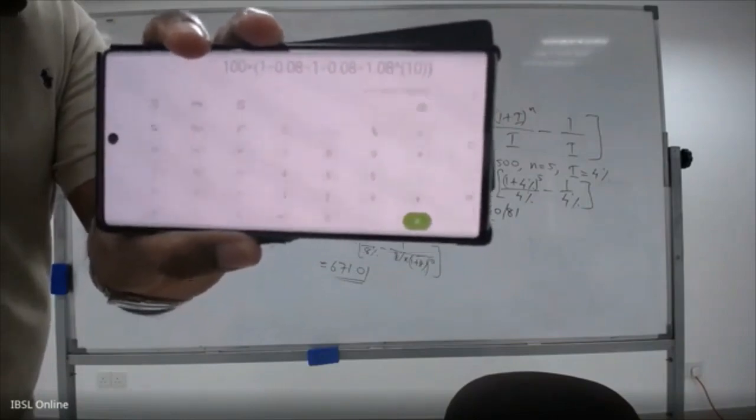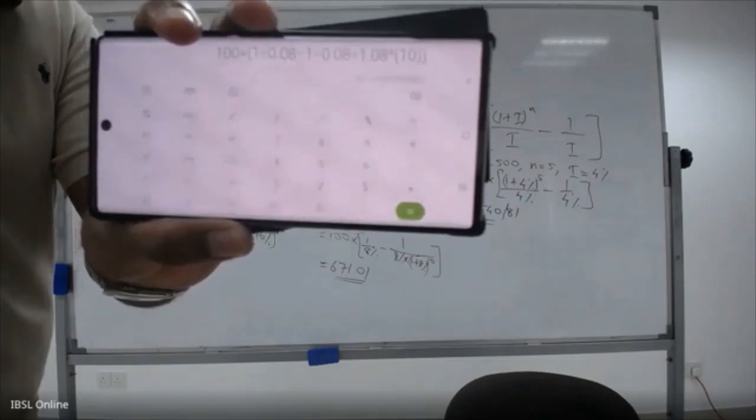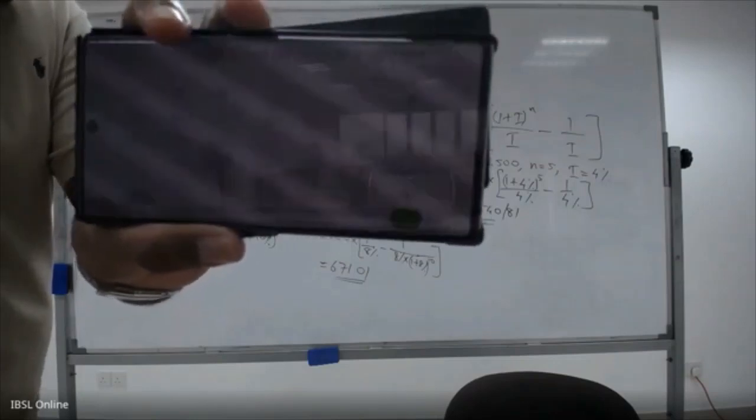I'm not sure whether you all can see it. That's what you need to type on the calculator, right? So just have a look.